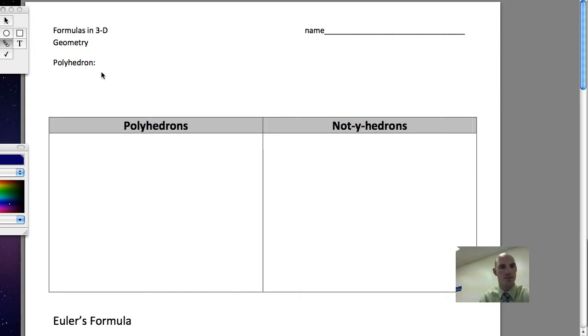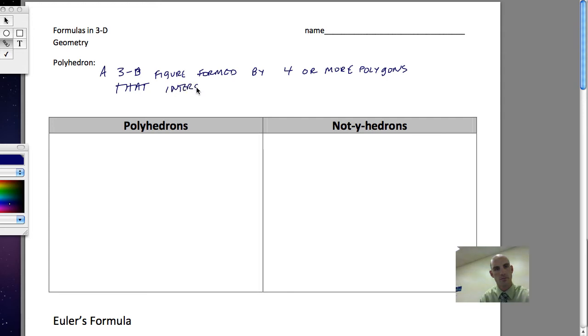A polyhedron is a 3D figure formed by 4 or more polygons that intersect only at their edges. Okay, so they only intersect at the edges.